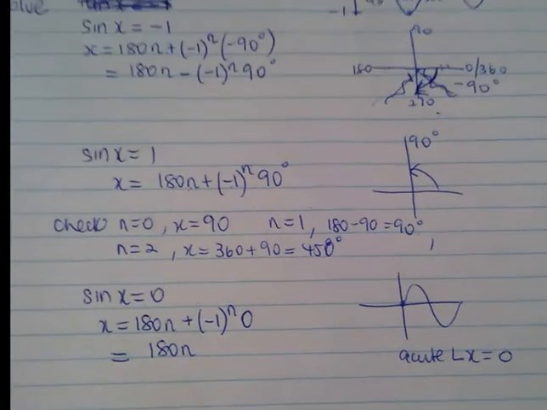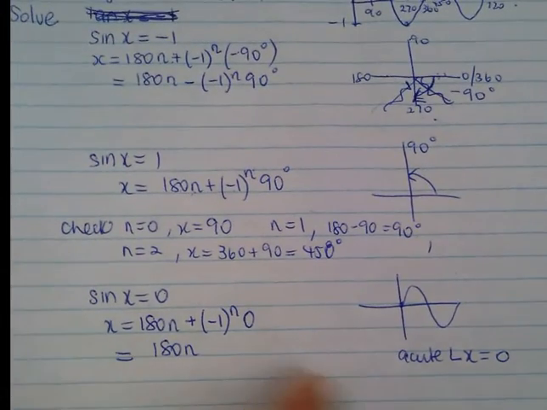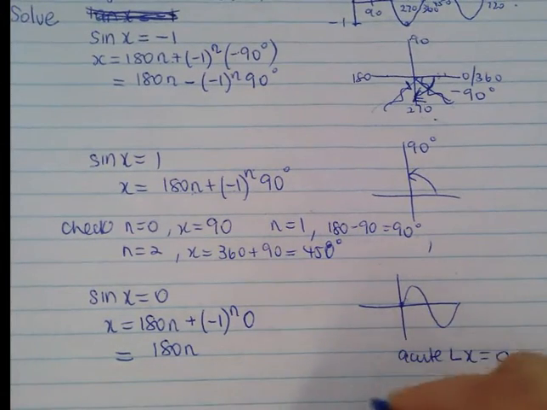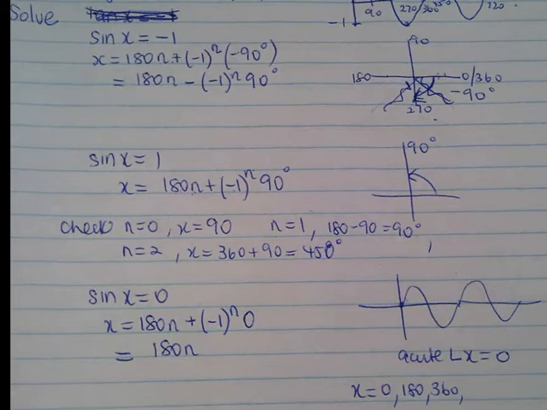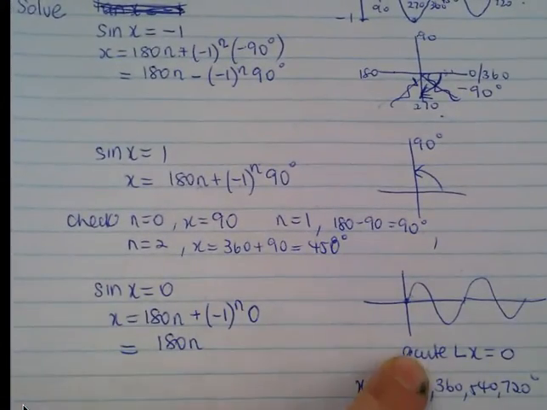That one you could do without even using the formula, because you can see your solutions are 0, 180, 360, 540, 720, and so on. That one's not a difficult one. You could almost do that one by drawing it.